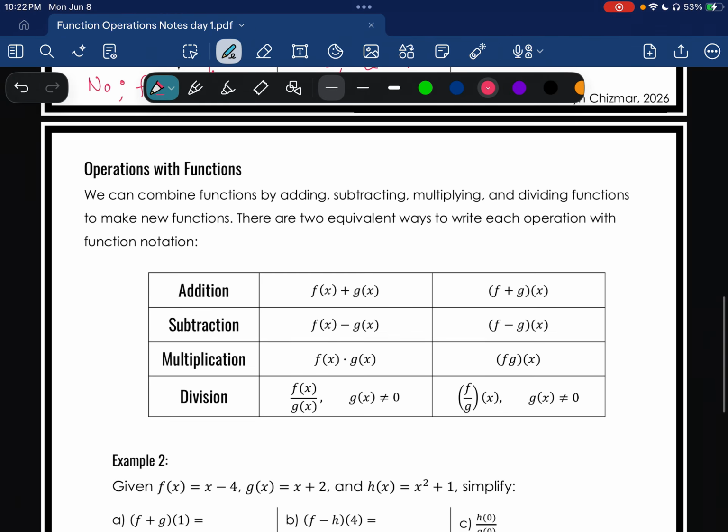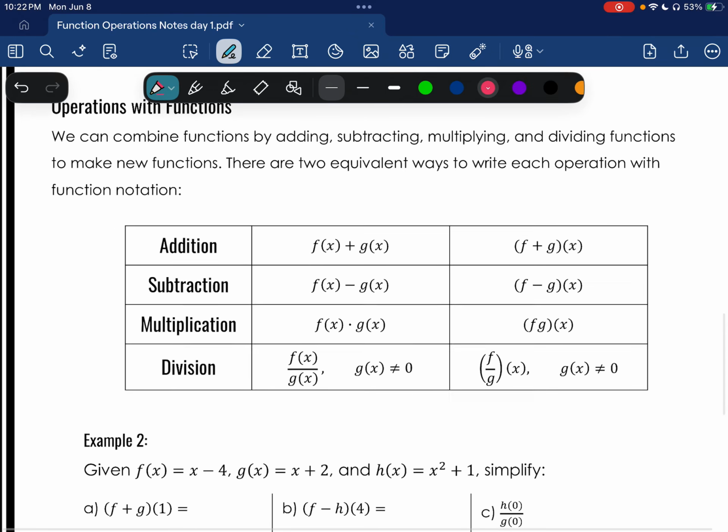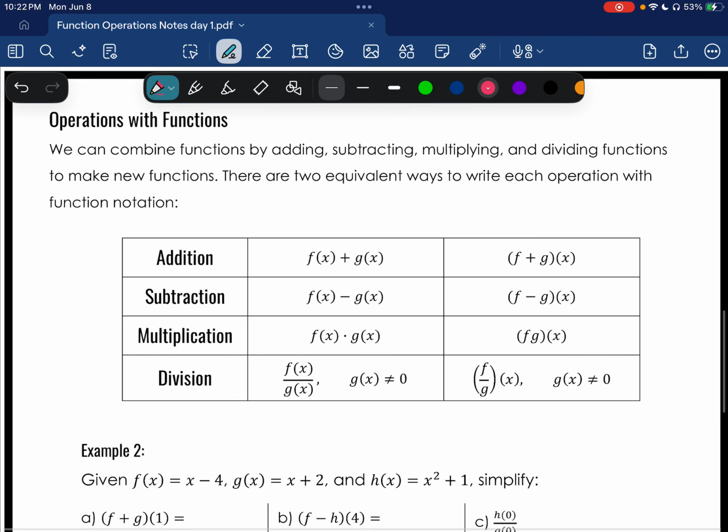All right, so what we've got here is given f of x equals x minus 4. I like to color code my functions. g of x is x plus 2, and h of x is x squared plus 1. We're going to do the following. First, f plus g at 1. Again, this is just notation.